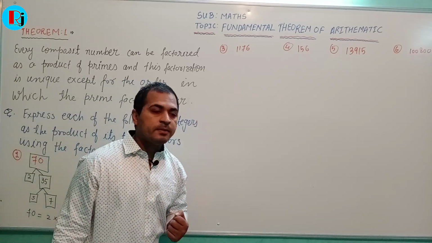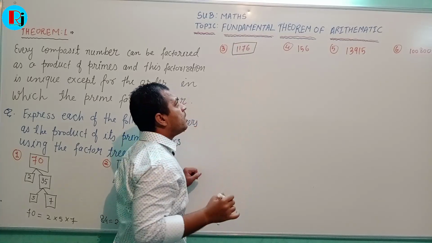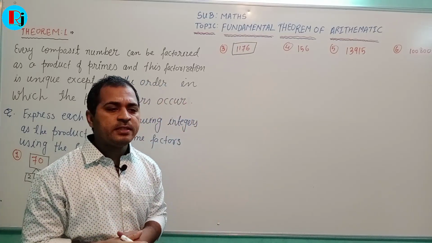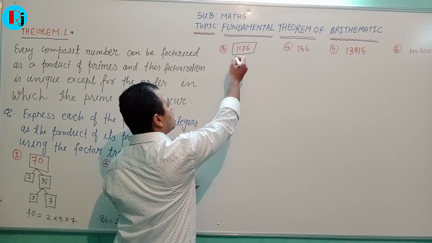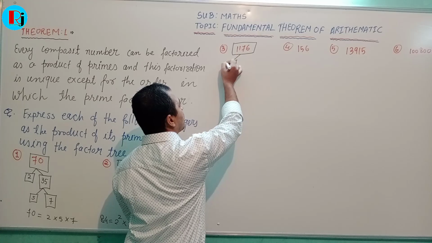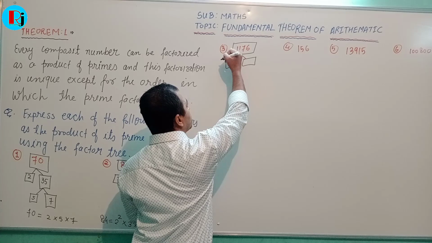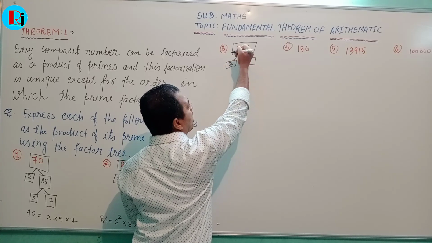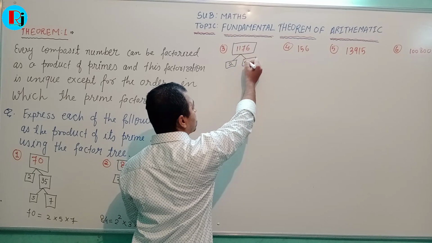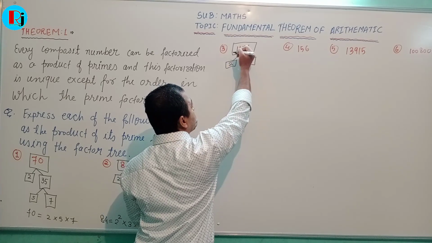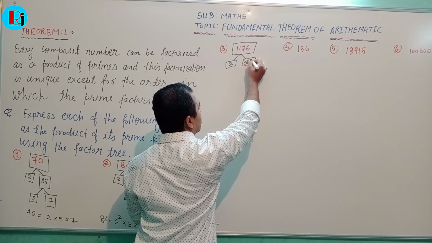Example number 3. 1176 is a composite integer, so splitting once again. Splitting by 2: 2 fives are 10, carry 1, 17. 2 eights are 16, carry 1, 16 again, 8s are.